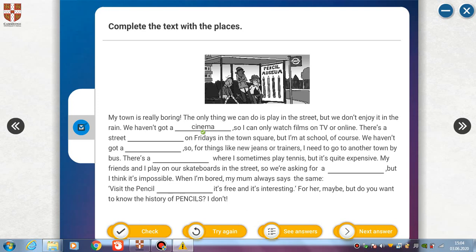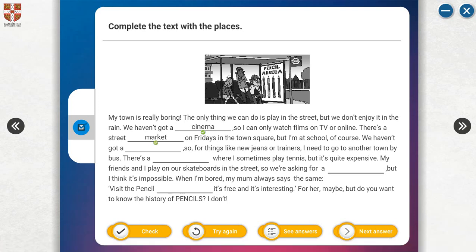What is there in the town square? Yes, market. But I'm at school, of course. We haven't got a blank for things like new jeans or trainers. So we should say shopping center.